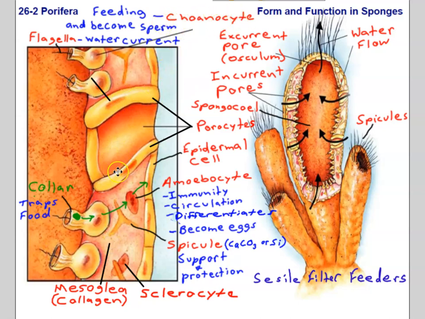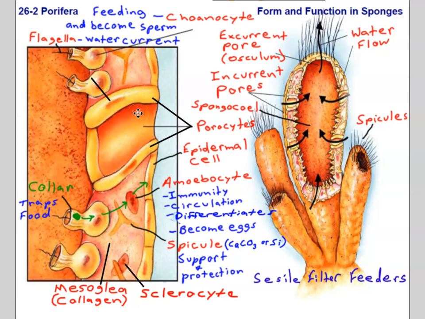If you're a very simple animal, the cells that make you up need to carry out a number of different functions. It's like that old saying that someone might wear many hats in a company. In other words, they perform many different jobs instead of specializing in only one task. That's the way the cells are in a sponge too.